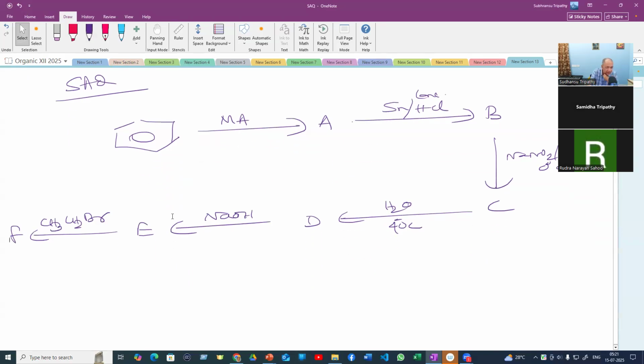MA, what is MA? Mixed acid, which is conc nitric acid, conc sulfuric acid. And you can make a wild guess what happens when A is treated with a reducing agent like Sn, conc HCl. And the rest part you know.